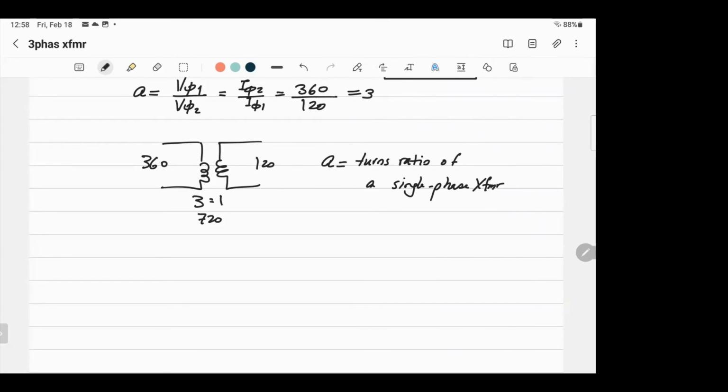This turns ratio, we are going to call it A dash. That's the turns ratio of a three-phase transformer.